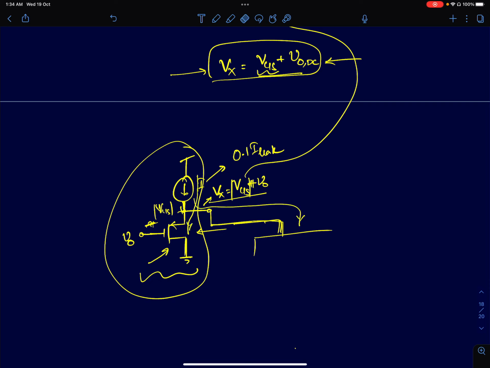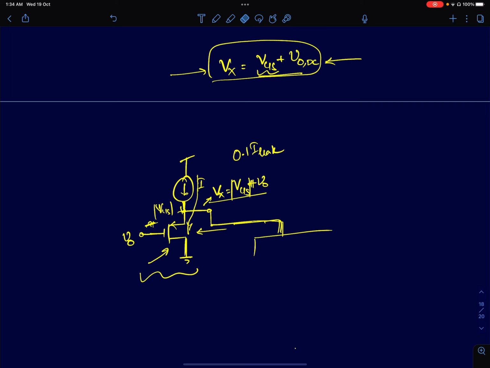We'll see eventually what the conditions are to drive it directly. It is difficult because the current mirror is going to load it. When I say load, what it means is that you are going to draw some finite current. If you draw some finite current, then this mod VGS will decrease.